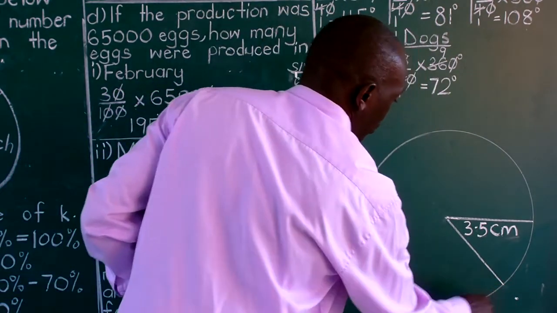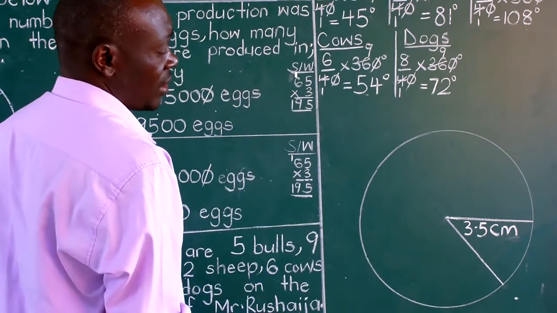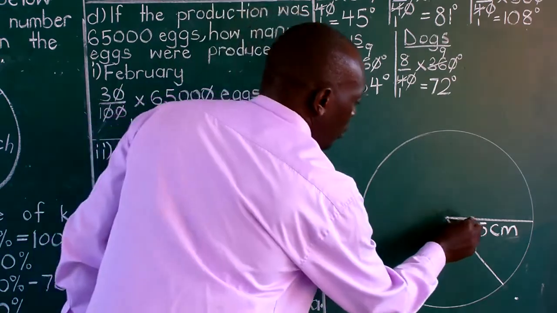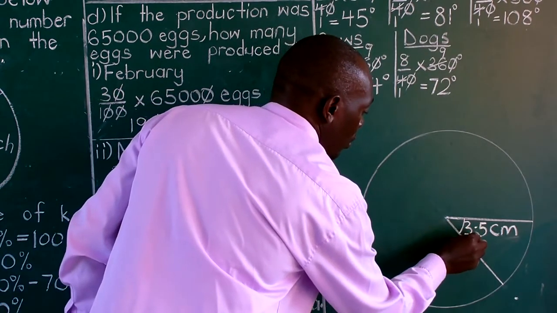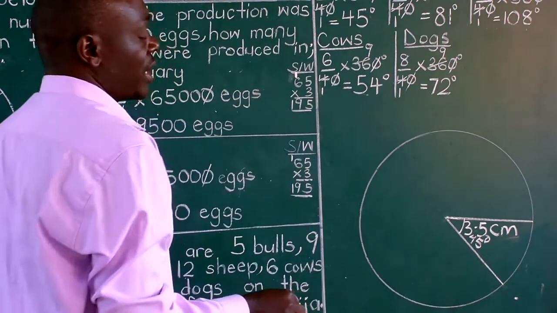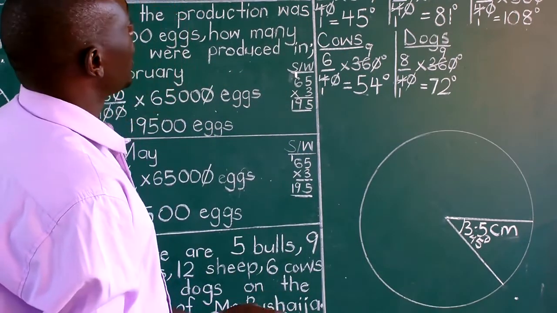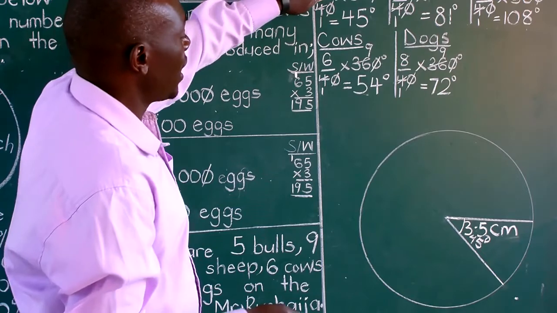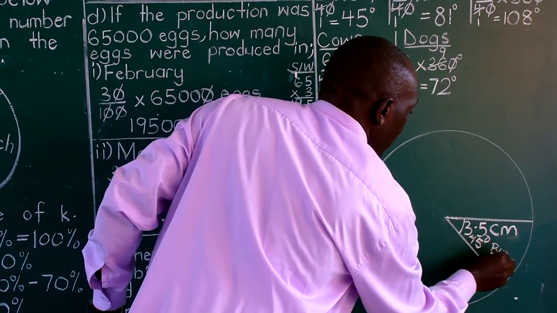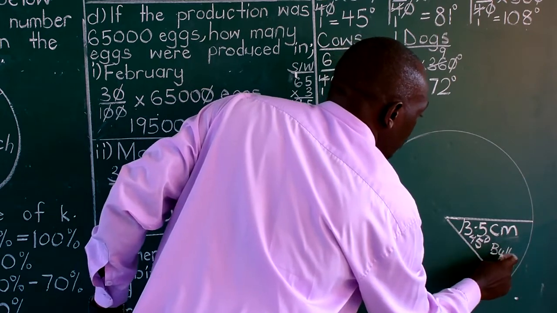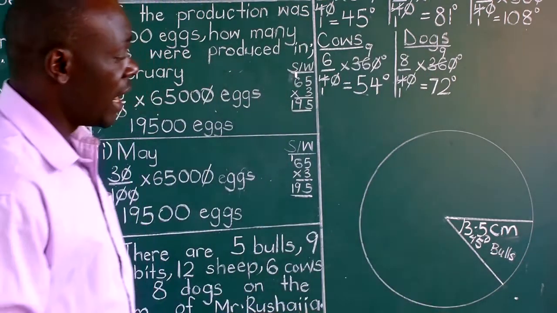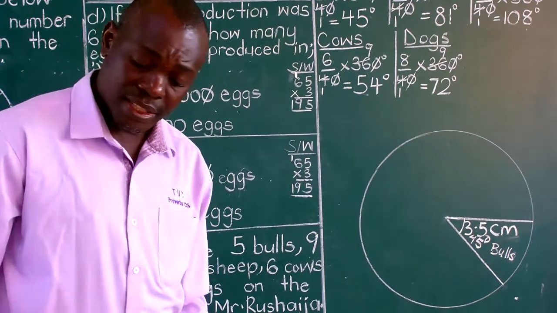It is there to help you just relate where 45 stopped. So show this angle as 45 degrees. That's the first angle, 45 degrees. And name the sector. That is for bulls. Write bulls here. So this is a sector for bulls. Now, that is the new radius.